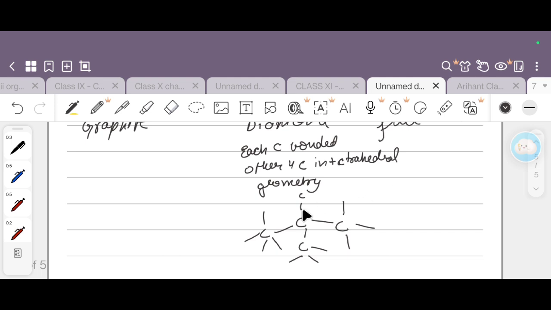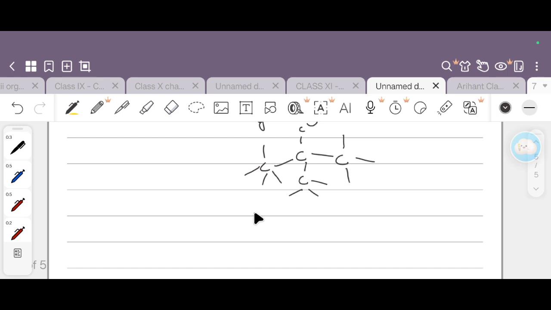Now, as you can see, there is no free valence electron in it. Thus, carbon allotrope diamond is a poor conductor of electricity. As the structure is closely packed and each carbon is connected to the other four carbons, this makes the structure hard.